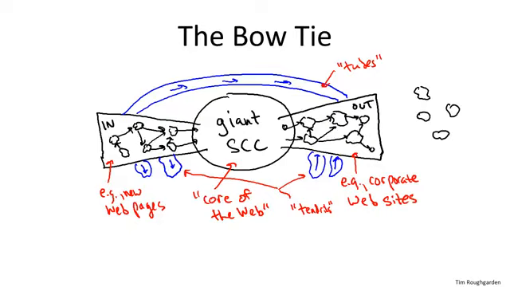So this is the picture that emerged from Broder et al.'s strong component computation on the web graph. And here's qualitatively some of the main findings that they came up with. So first of all, that picture on the previous slide I drew roughly to scale, in the sense that all four parts, so the giant SCC, the in part, the out part, and then the residual stuff, the tubes and tendrils, have roughly the same size, more or less 25% of the nodes in the graph.